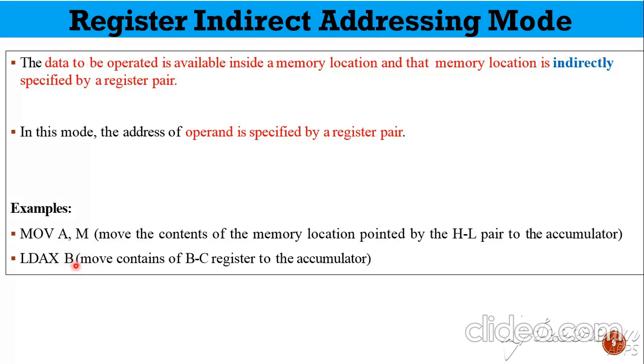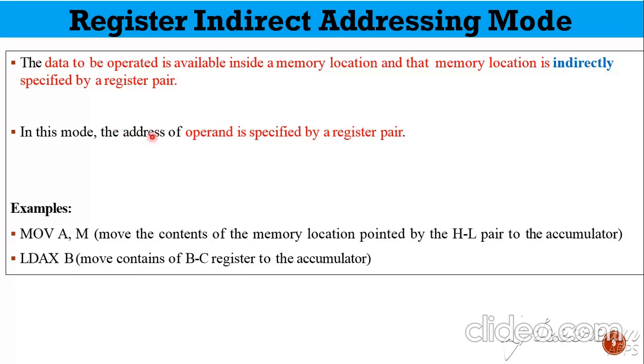Then from the memory location the data to be processed is taken. Another peculiarity of this type of addressing is that the operand is specified by a register pair.